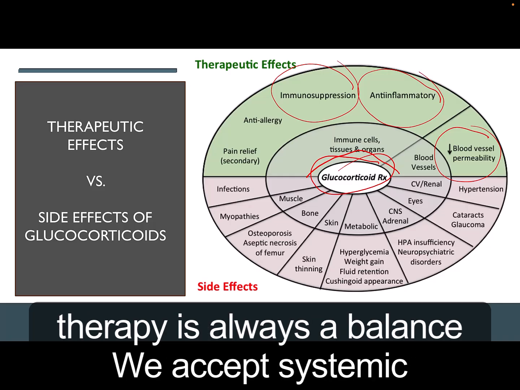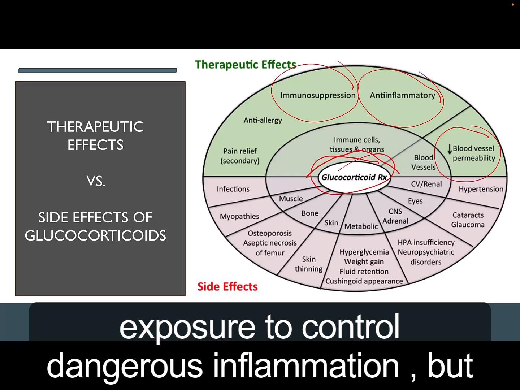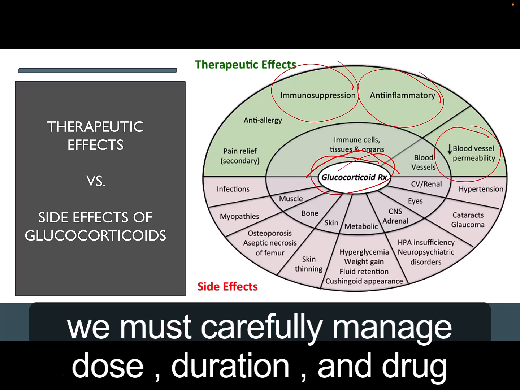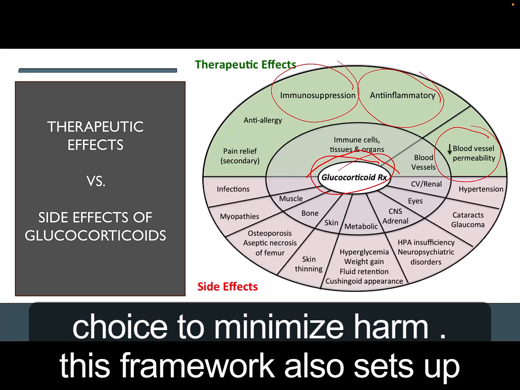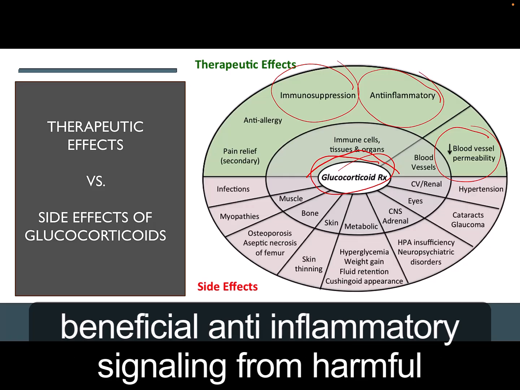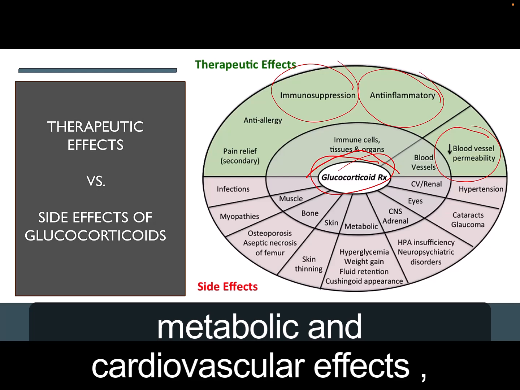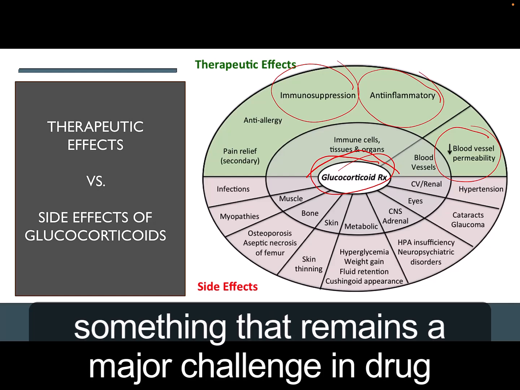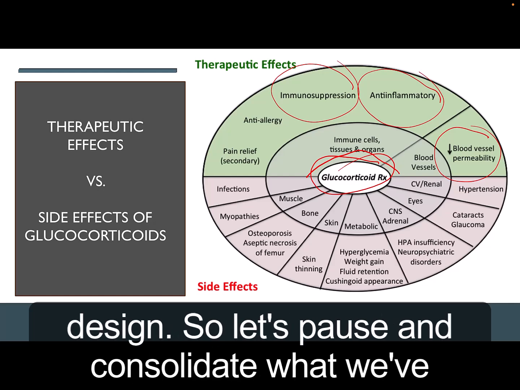We accept systemic exposure to control dangerous inflammation, but we must carefully manage dose, duration, and drug choice to minimize harm. This framework also sets us up to understand why new strategies aim to separate beneficial anti-inflammatory signaling from harmful metabolic and cardiovascular effects, something that remains a major challenge in drug design.